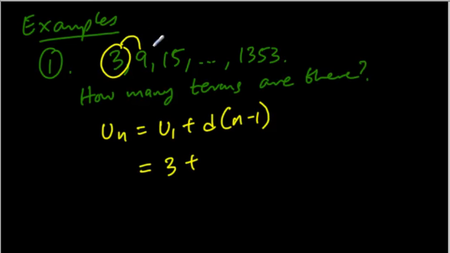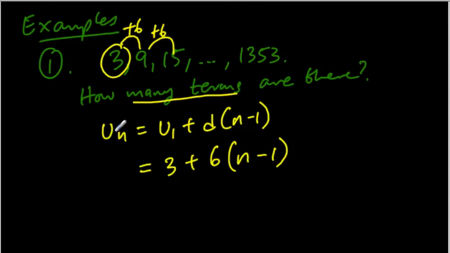Each time we're adding 6, so d in this case is 6. We don't know n because that's what we're trying to find out. n tells us the position number, or how many terms there are. So we need to figure out what position number this very last number is. n stays put, but that's what we're going to try to find out.